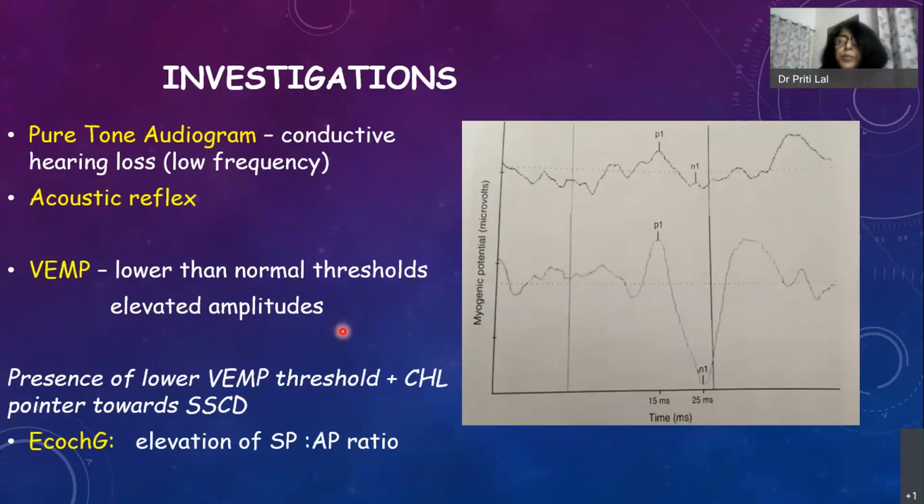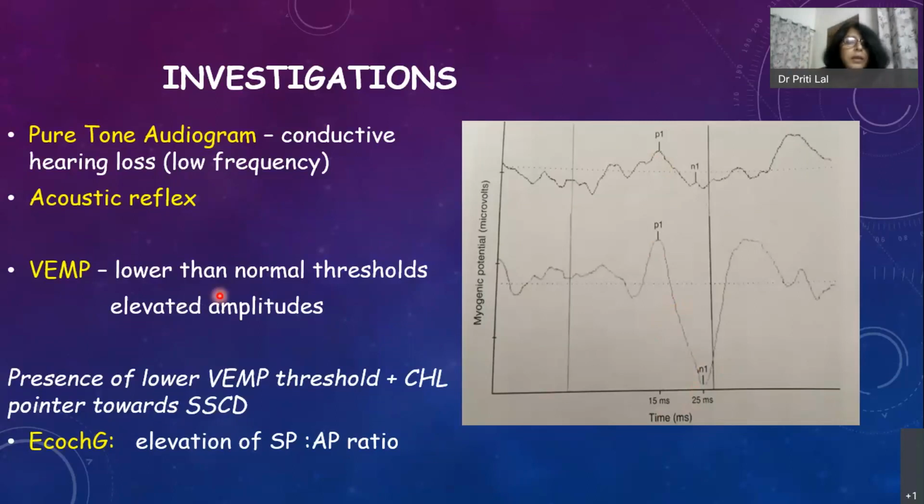Normally what we get is a positive wave at 15 milliseconds and a negative wave at 25 milliseconds. Now, in case of a third window, because of decreased impedance of the inner ear, there is greater transmission of sound energy to the utricle and the saccule, and that leads to generation of these waves at a much lower threshold and with elevated amplitudes.